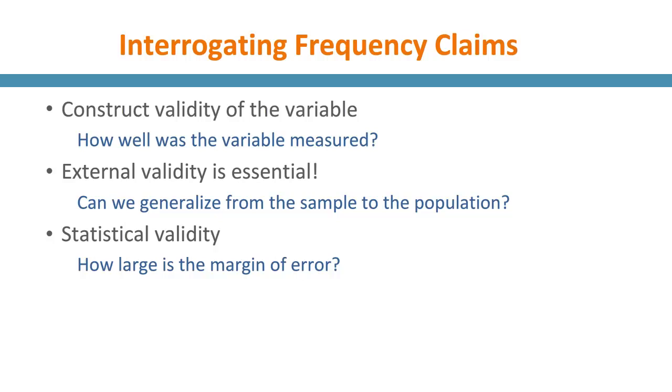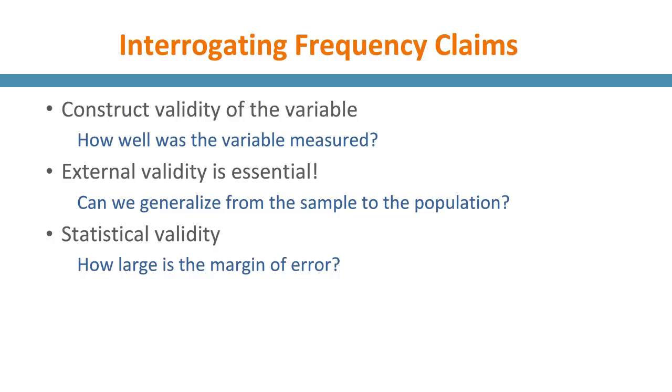Let's say we have a frequency claim. So I think I read one the other day saying something like 60% of teens consider suicide, something like that. So say that we have this claim. The first question we want to know, construct validity of the variable. How well was the variable measured? First of all, the variable is considering suicide, right?